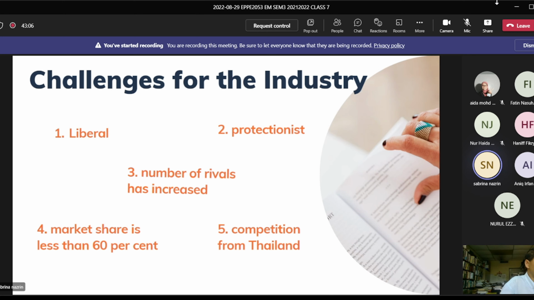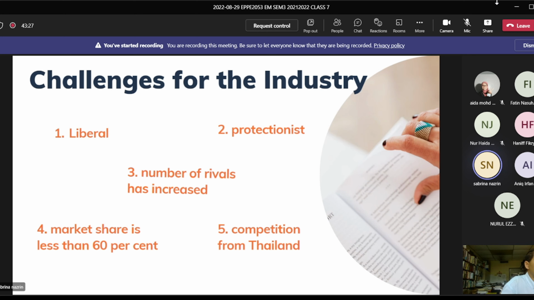The second one is market share. The domestic market share is currently less than 30%, and its dominance in the market is expected to decline further with more liberalization of the market in the near future.